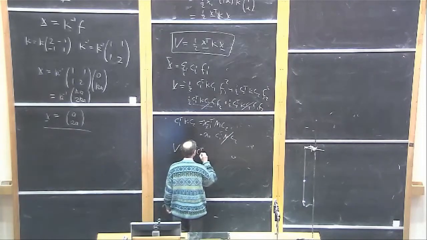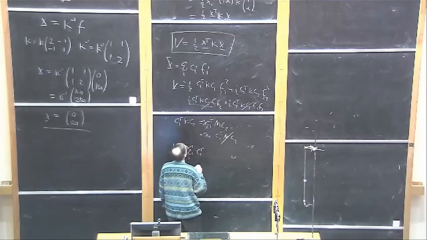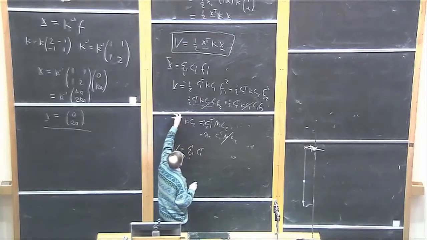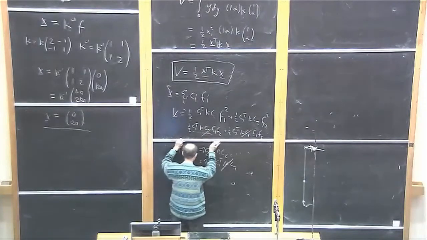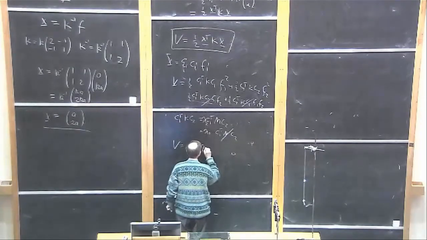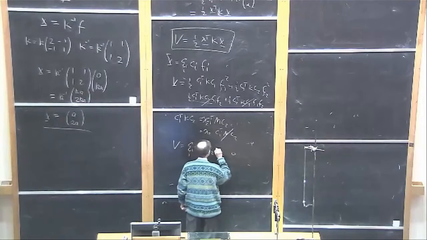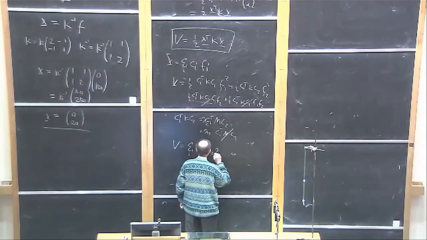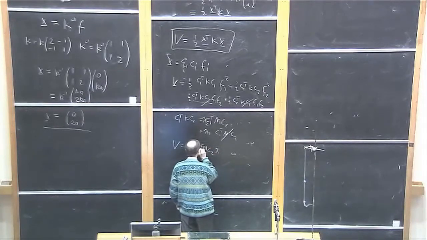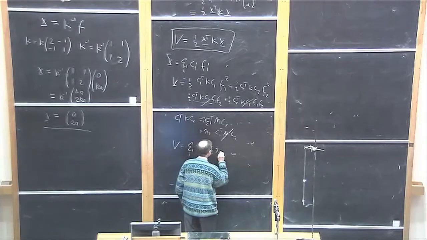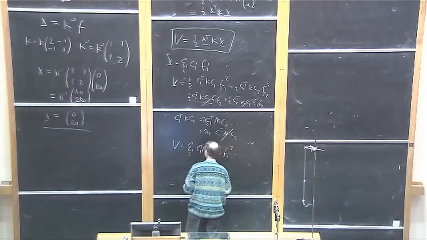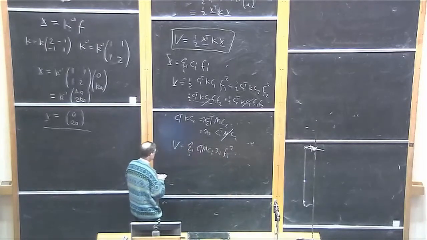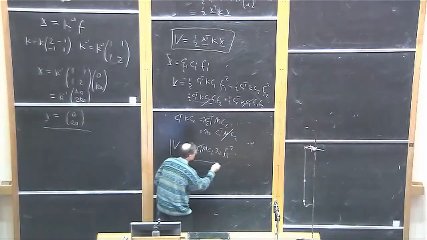Actually, we could do the same trick here. We can do KC1 is lambda MC1, so that's C1 transpose MC2 lambda, CI transpose MCI lambda I Fi squared. So that's the modal energy for the potential energy.